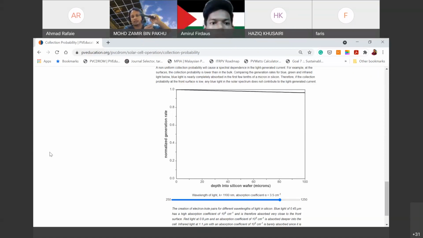Now you see on this animation, in order to absorb up to 1100 nanometer, from blue photons, green, yellow, up to red photons, from the UV up to the red, you need very thick silicon, way beyond 100 micron, to completely absorb from UV to visible to IR. So if you use 200 micron of crystalline silicon wafer, do you think you can absorb everything up to 1100 nanometer?